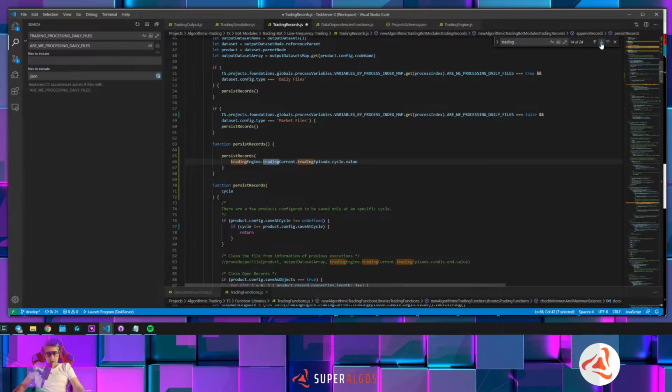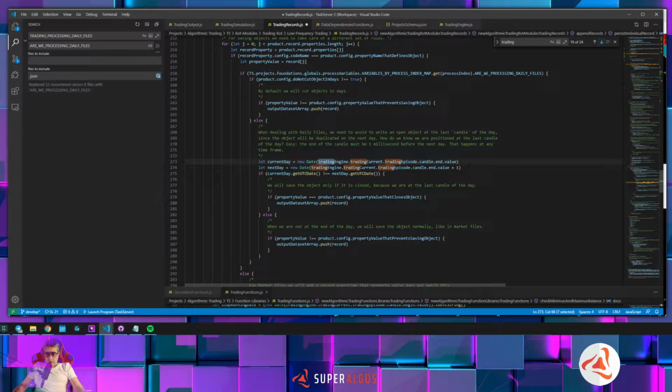Okay, there's a lot of trading up there. Here we will need the candle end. I'm thinking if I send the candle end directly or the engine.